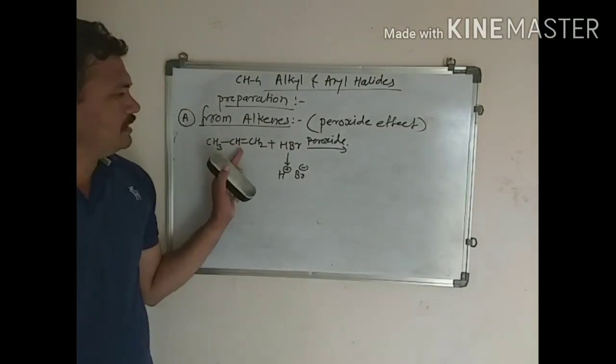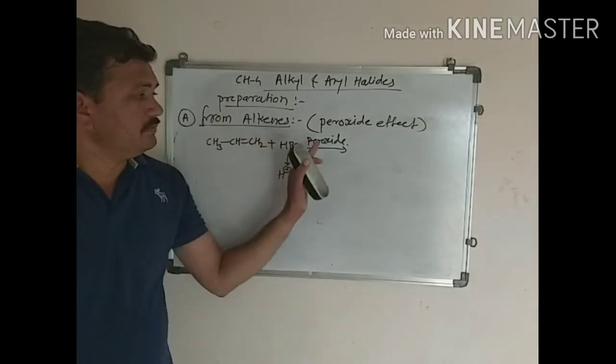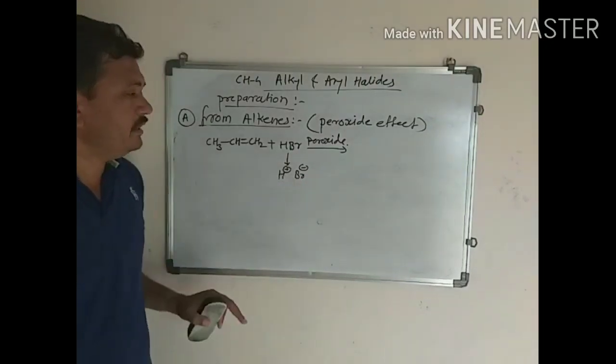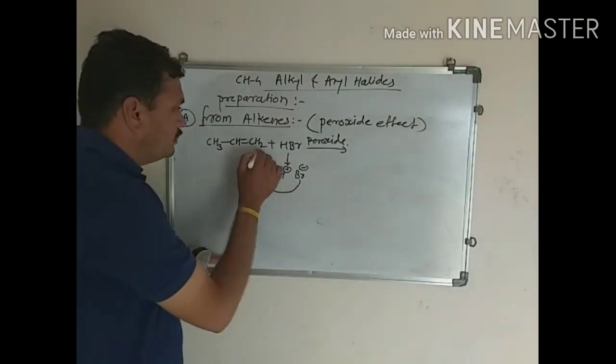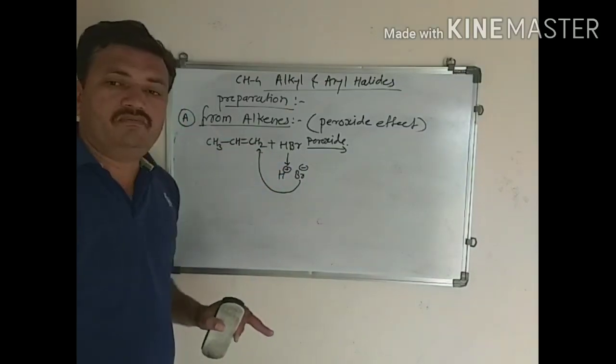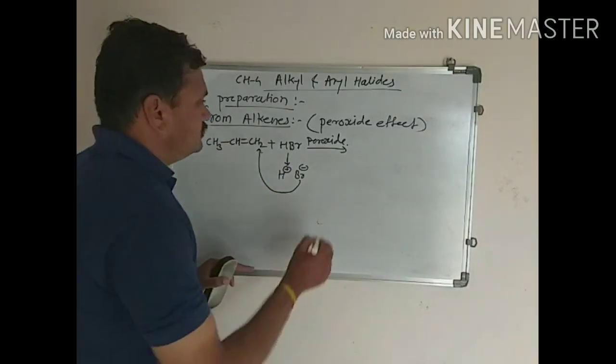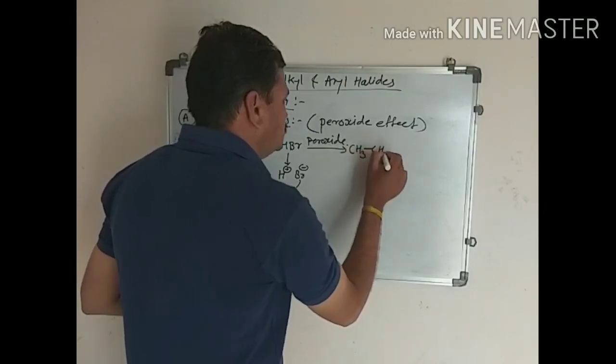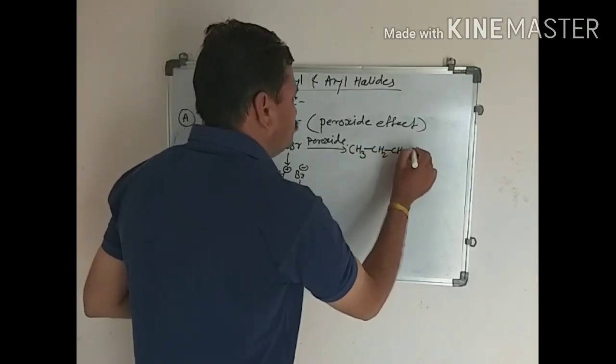When an unsymmetrical alkene reacts with an unsymmetrical reagent in the presence of peroxide, then the negative part of the reagent, that means Br minus, attaches to that carbon atom which carries more hydrogen atoms, and that is the major product, like this: CH3 CH2 CH2 Br.